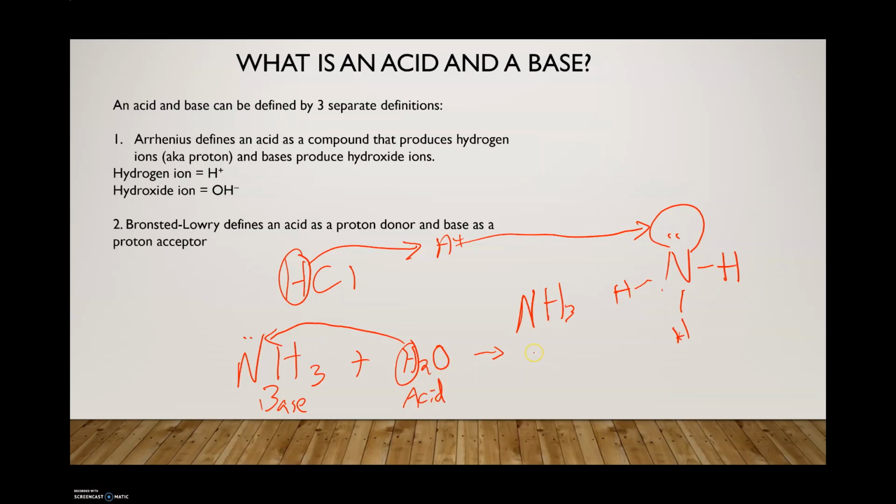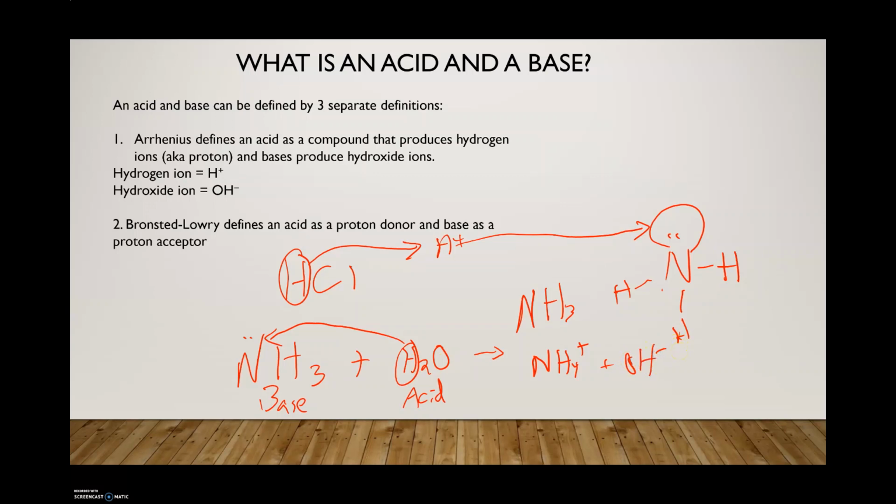So you form NH4 plus 1 because you're donating that hydrogen. And remember, the hydrogen has a plus 1 charge, and it bonds to the nitrogen, which causes it to form an overall plus 1 charge. And this would be ammonium. The result of that is that the hydrogen then loses its electron to the oxygen, and so you form a hydroxide.